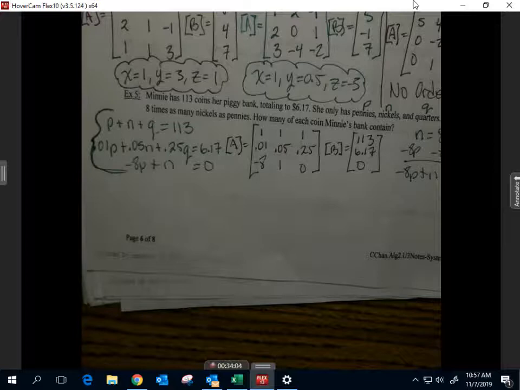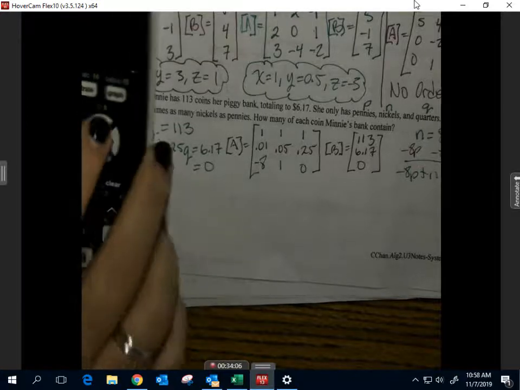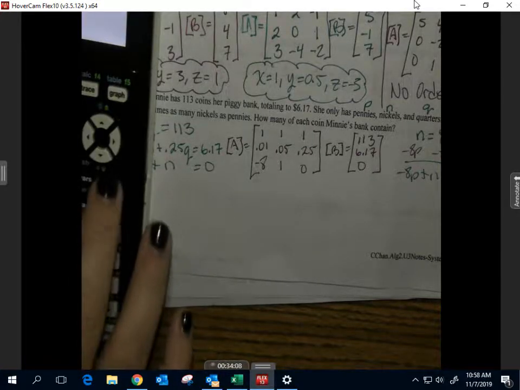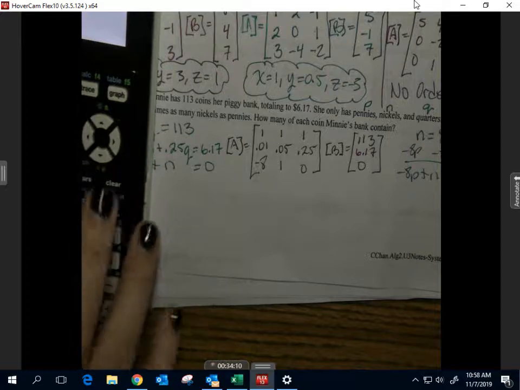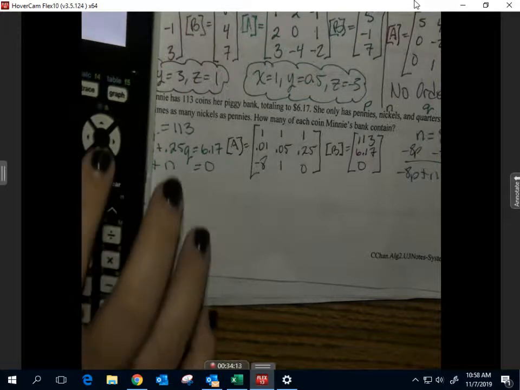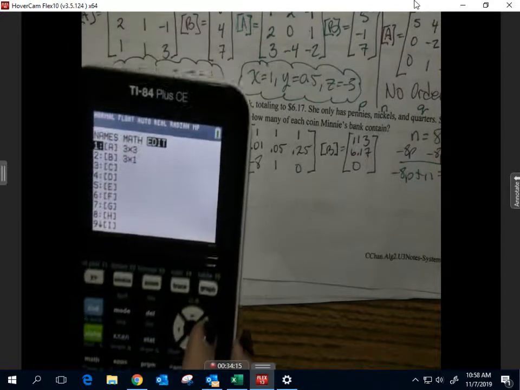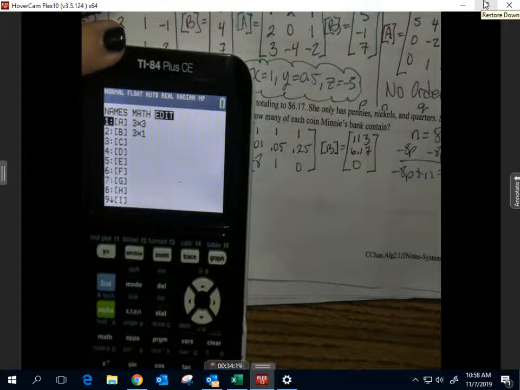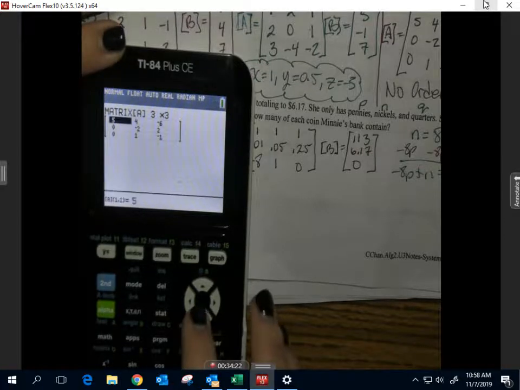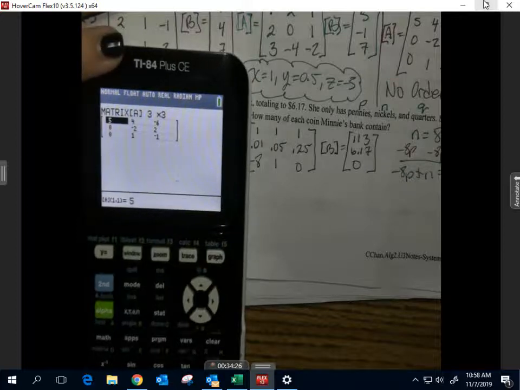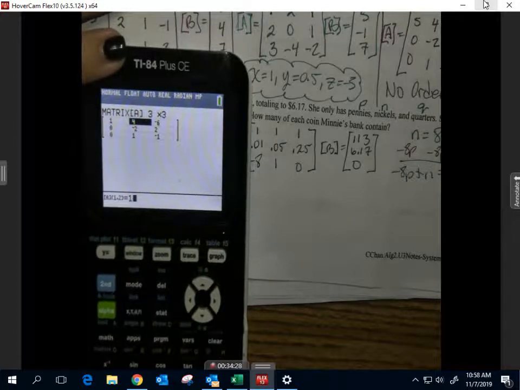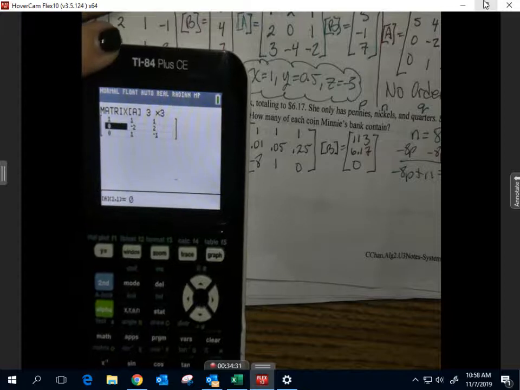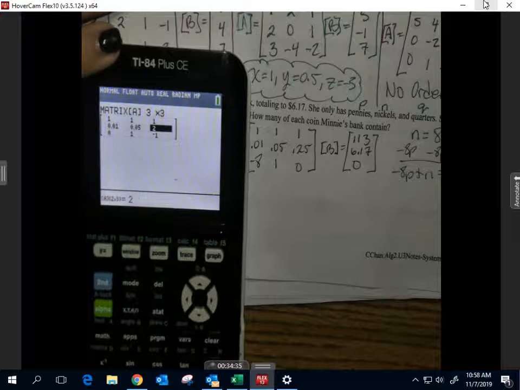Okay. So let's go ahead and put this in the calculator. I'm going to go second matrix, go over to edit, hit 1, arrow down till I get to the matrix and start putting in my new numbers. So across, all the way across is 1 on the top, then I have 0.01, 0.05, 0.25.